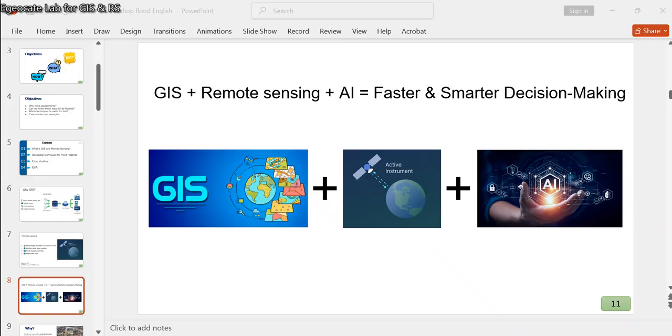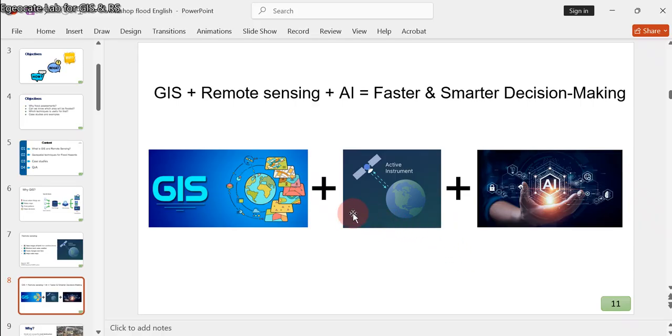So it is very important for us to understand the combination of these. None of these alone is effective enough. But if you combine them together, we can get a very powerful and comprehensive system to analyze the data, to find the problems, and to have smarter decision making.